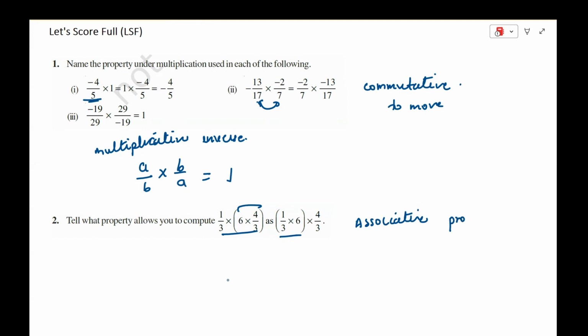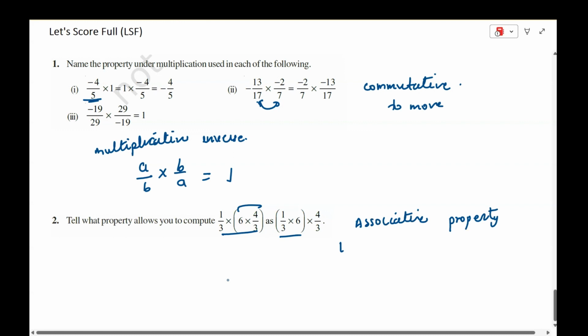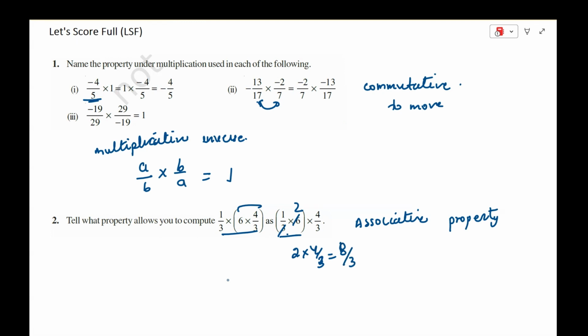How associative? Because associative means join. So I'm joining the two numbers. And if you want to calculate it, you can calculate any of these. Like here, 3 ones are 3, twos are 2, and then 4 by 3. And here you will get 2 fours are 8 and by 3. That is about this. Let's move to the third question.